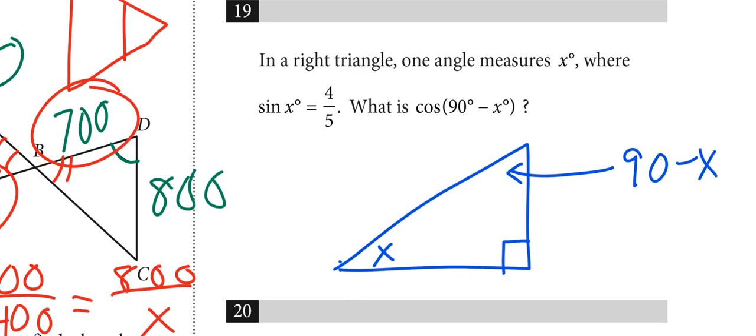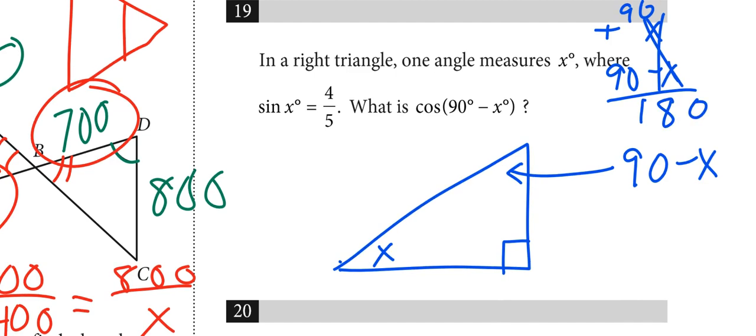She has tricked before. What do all the angles of the triangle add up to? 180. Those three angles add up to 180. You got x, you got 90 minus x, and you got 90. Oops, sorry. So if you add those all up, these cancel out and give me 180. Now, not a lot of kids think about 90 minus x.